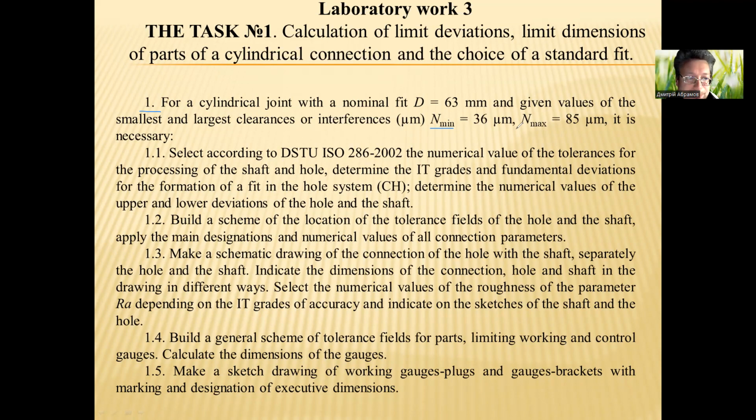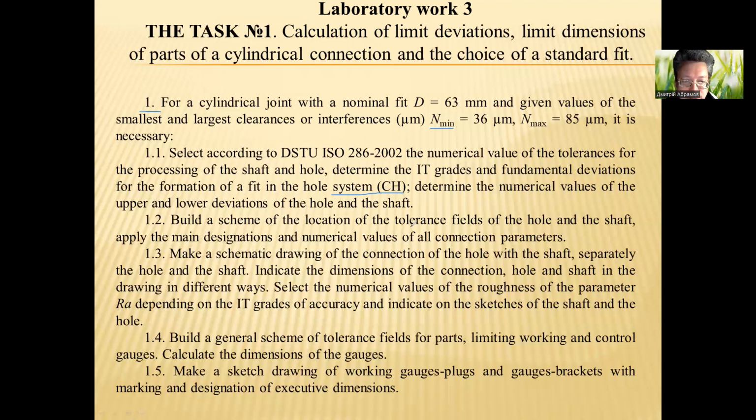It is necessary to select, according to ISO 286-2002, the numerical values of the tolerances for the processing of the shaft and hole, and determine the IT grades and fundamental deviations. For the formation of a fit in the shaft system, determine the numerical values of the upper and lower deviations of the hole and the shaft.